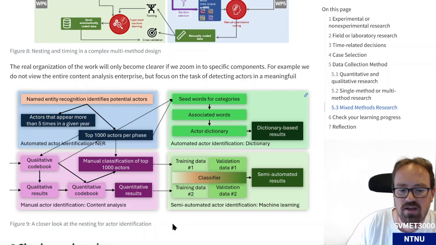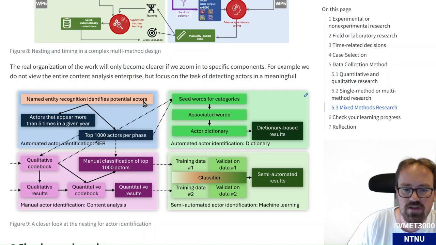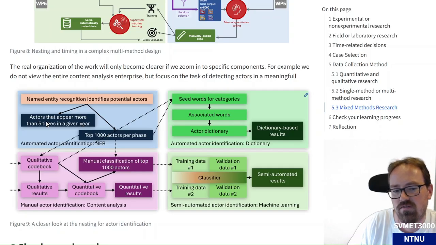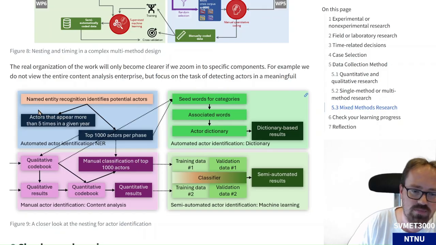In this case, for identifying actors that are being cited or mentioned in news coverage. So first we have named entity recognition, which is a computer algorithm or a computerized procedure that identifies potential actors, but not everything identified there is really an actor. Then we only look at actors that appear more than 5 times in a given year, because we have a lot of noise in this automated procedure.